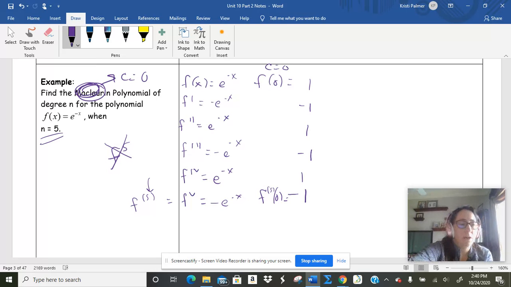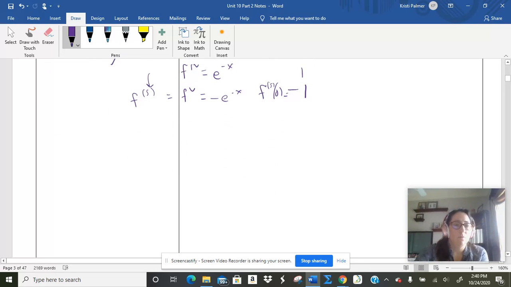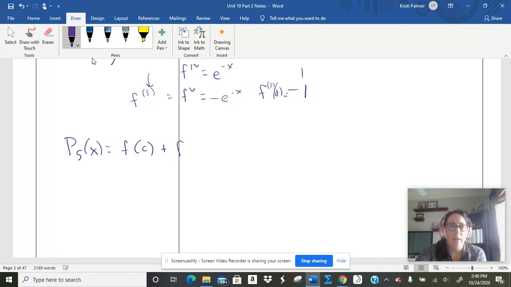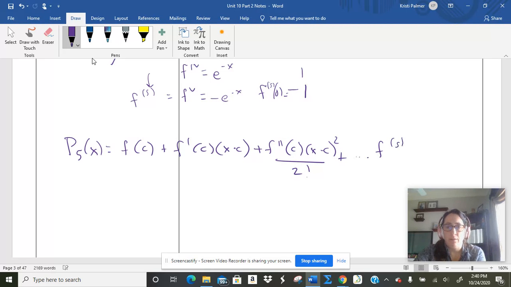And then we're going to use our pattern of what that general p sub 5 of x would be. So in general, I know that I need to go all the way into the 5th. And that's where I'm stopping because it wanted me to get the fifth degree polynomial.